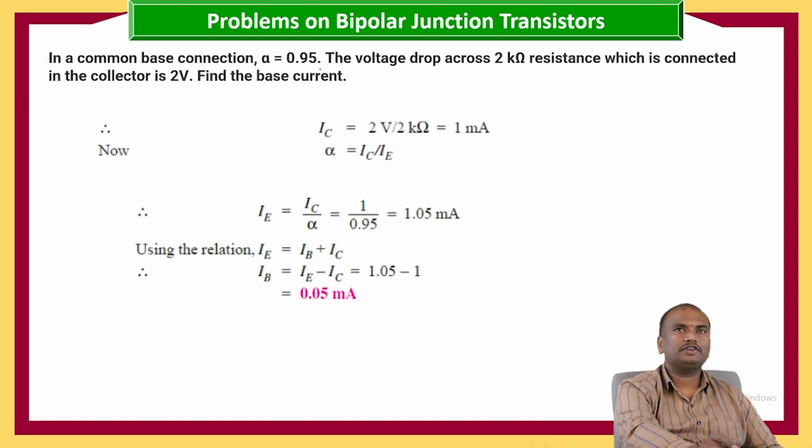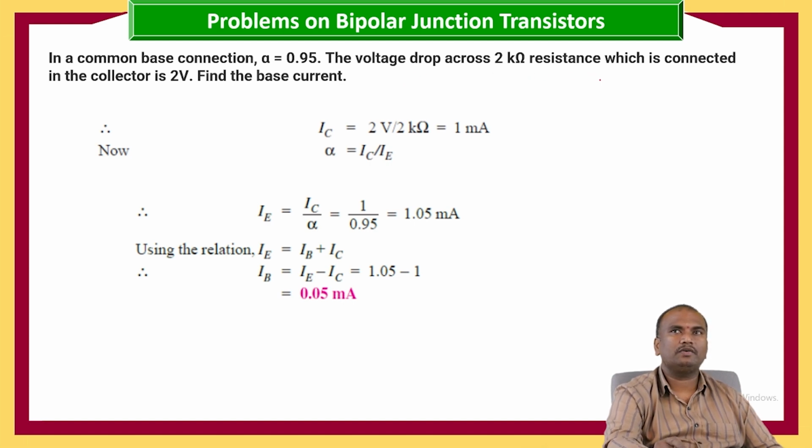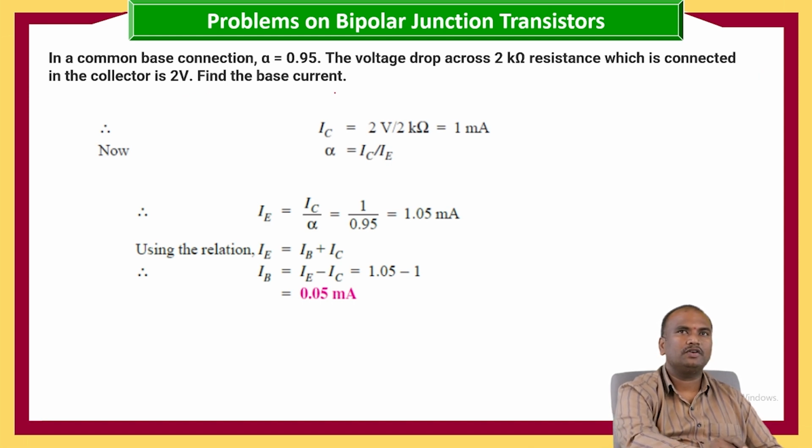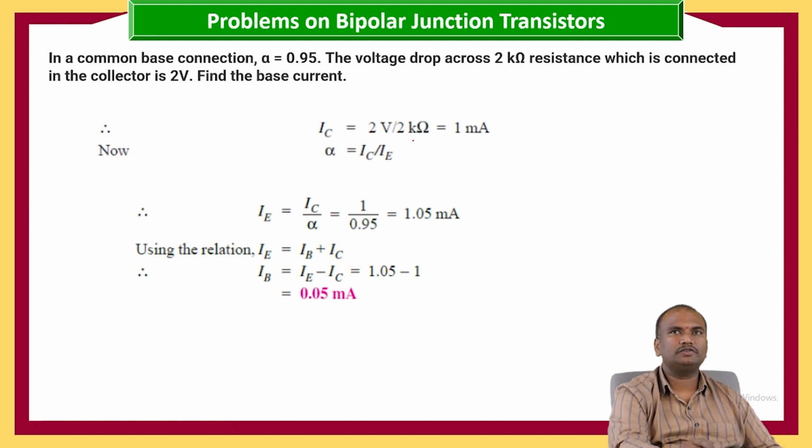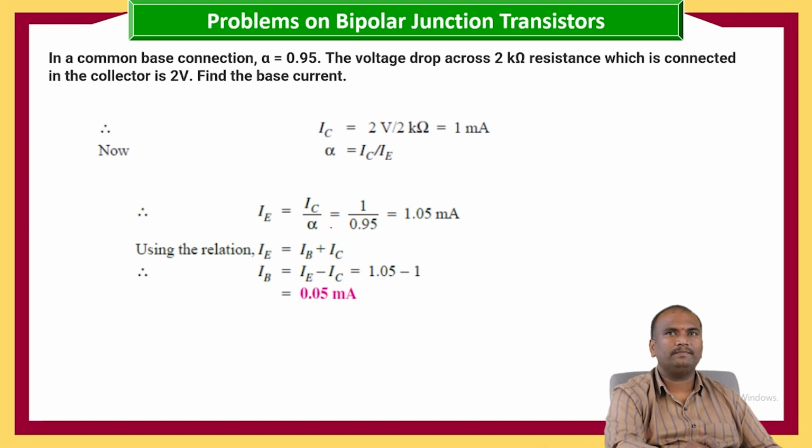In a common base connection, alpha is equal to 0.95. The voltage drop across 2 kilo ohm resistance, which is connected in the collector, is 2 volts. Find the base current. Here IC is equal to 2 volts by 2 kilo ohms, that is equal to 1 milliampere, where alpha is equal to IC by IE, where IE is equal to IC by alpha, which is equal to 1 by 0.95, which is 1.05 milliamperes.